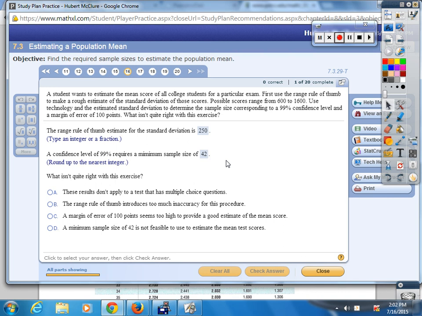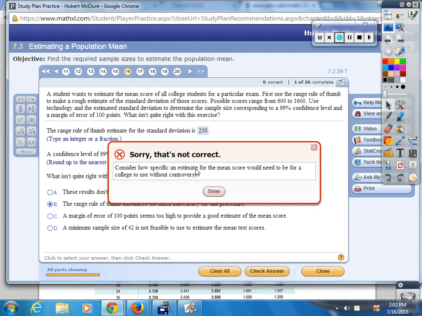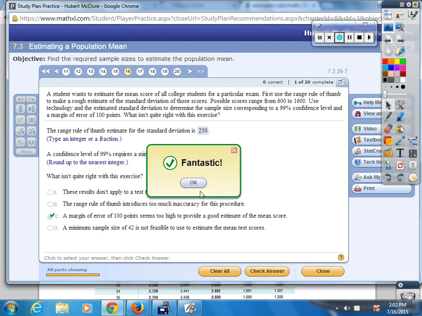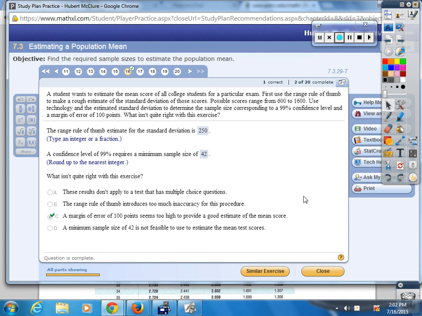If you were talking about percent, it'd be different. A minimum size of 42 is not feasible, no, because n is greater than 30. So I would say it's probably B, but it's going to tell me it's wrong. C. I ain't going to hold you to that.